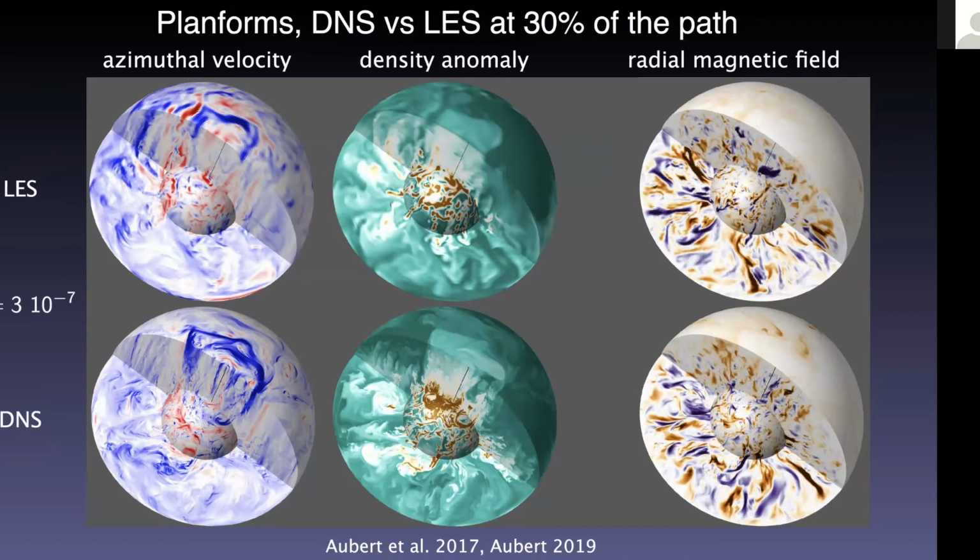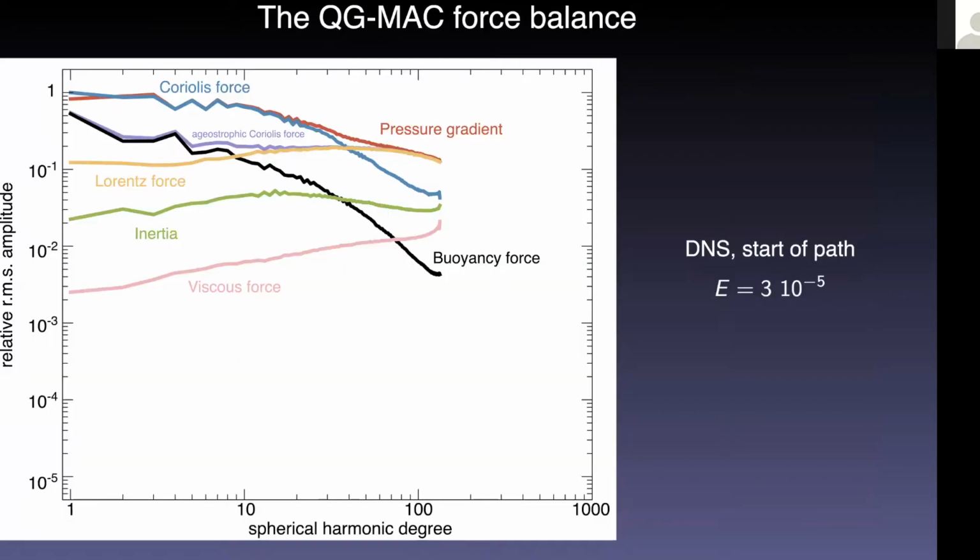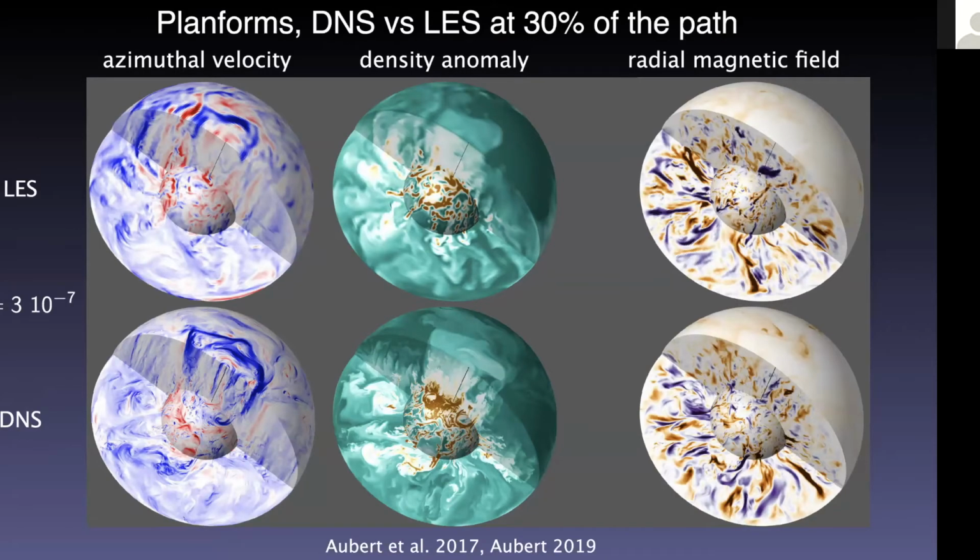If you compare a large eddy simulation and a direct, fully resolved numerical simulation at an advanced path position, you can see also that the large eddy simulation do their job, that is to say, render the large scales of the solution while ignoring the small scales. And all those patterns that I've shown here from various simulations are actually very stable at large scale. So that's an important indication.